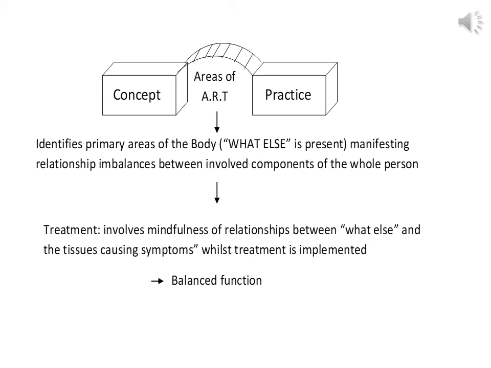Why is it important to watch that relationship during treatment? Put it a different way: a lot of treatment is like, I think it is a sacroiliac joint causing pain. So the reductionist model would be, my working diagnosis is sacroiliac joint problem. But that's just a statement of a dysfunction.